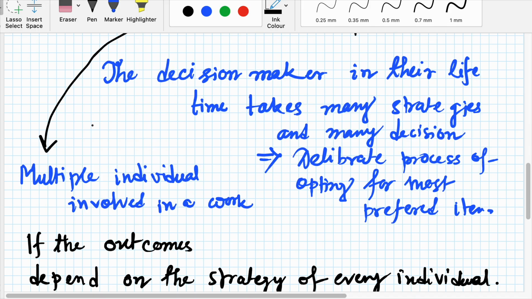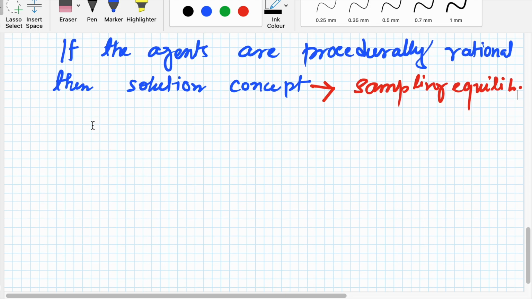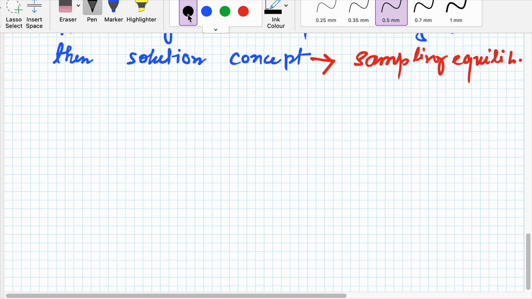And their strategy is a deliberate process of decision making, where one individual deliberately wants the option which is most preferred according to him or her. Now, it is not always true, but for the sake of generality, say that these things hold for individuals who are capable of thinking.